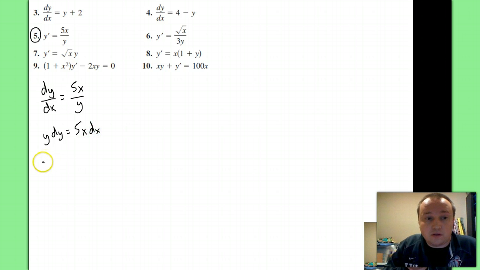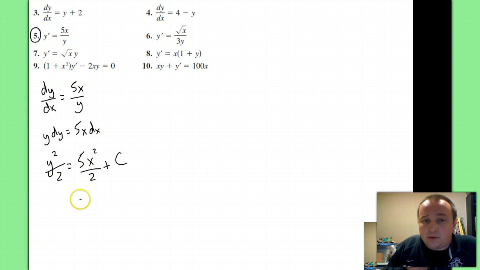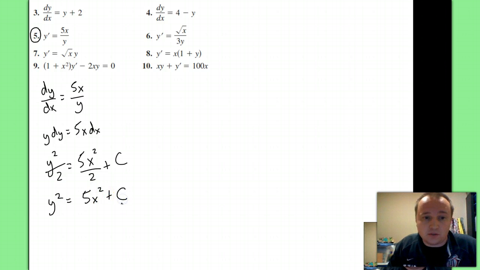Take the antiderivative. I get y squared over 2 equals 5x squared over 2 plus c. Now I can multiply everything by 2, so I get y squared equals 5x squared plus 2c, but it's c, so you just leave it as c.